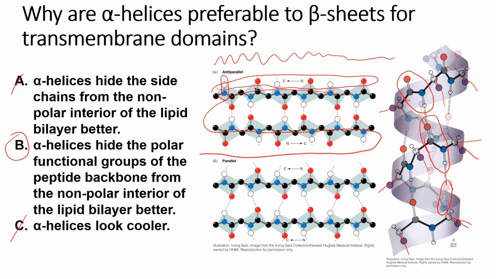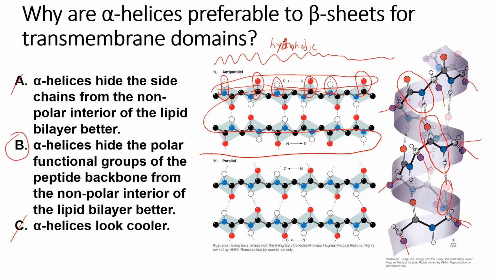Well, these NH and CO groups. All these dipoles are pointing towards the hydrophobic region, which, as we said, is not energetically favorable.